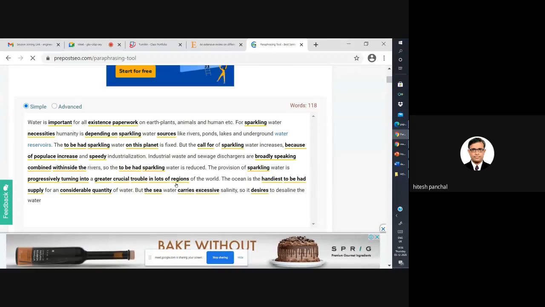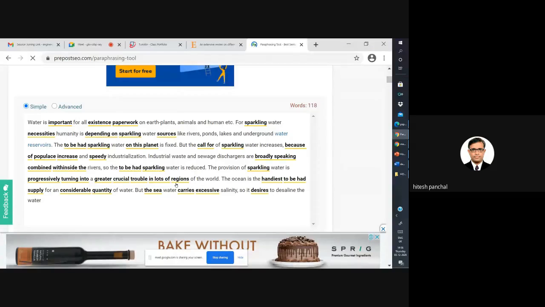Now you can see the words: water is important for all existence, paperwork. Paperwork is not my field, and actually it is totally irrelevant to my work, for sparkling water necessities.